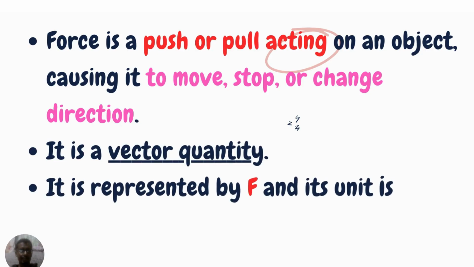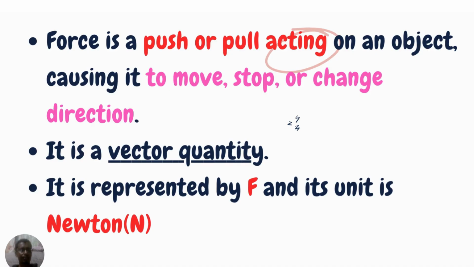So force can make an object start or stop motion. It can also make an object speed up or slow down, or change the direction of the motion of an object. And if the force acting on an object is large enough, it can also change the shape of the object.